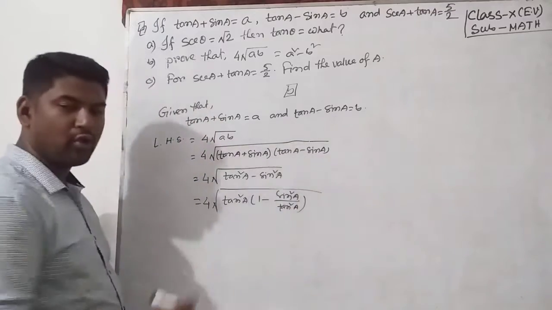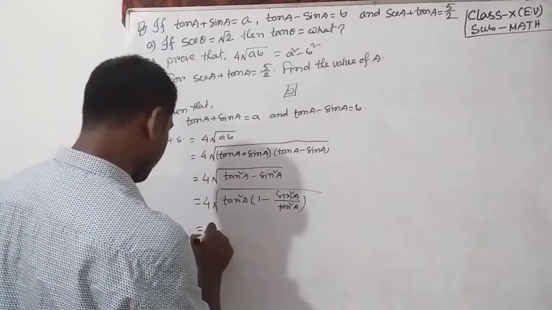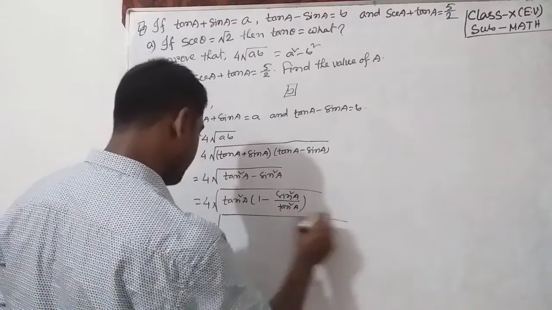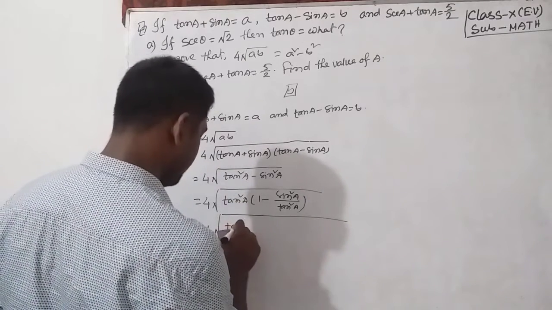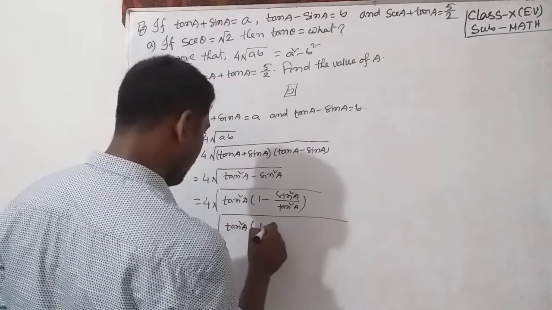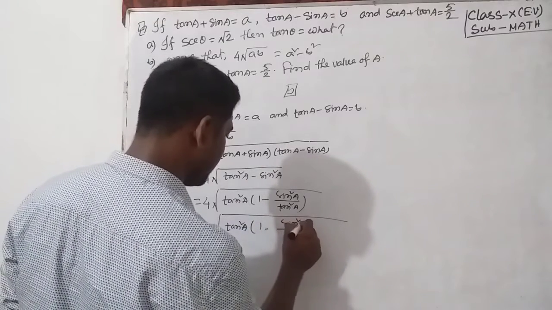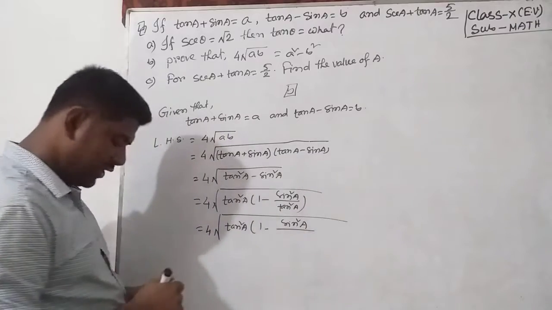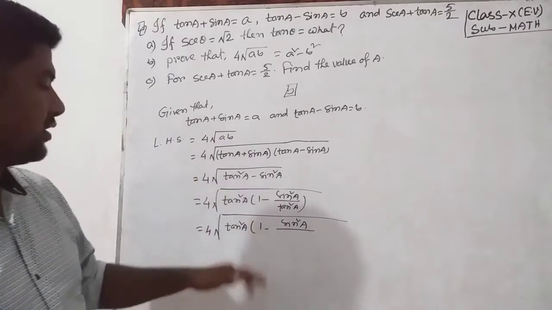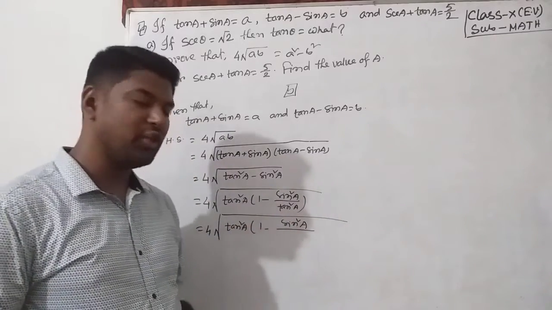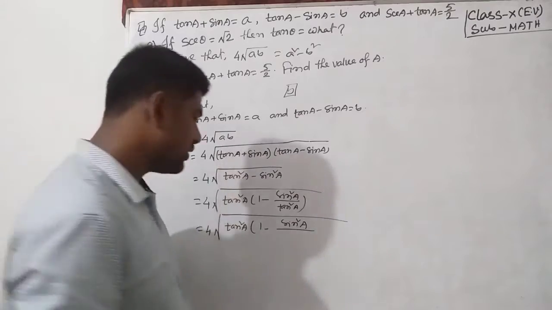We have taken tan square a common. Okay, 4 root over tan square a times 1 minus sin square a. We know tan theta equals sin theta by cos theta, so tan square a equals sin square a by cos square a.